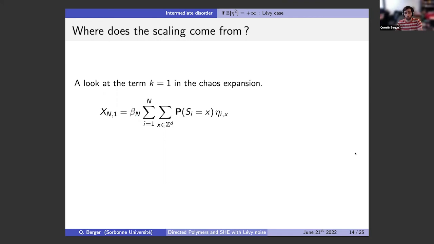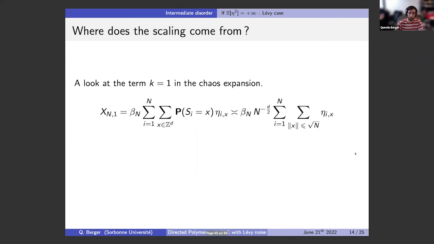And here I cannot do a second moment computation because the eta do not have a finite second moment. So instead, I have to do something a bit different. I have to make a series of approximations.